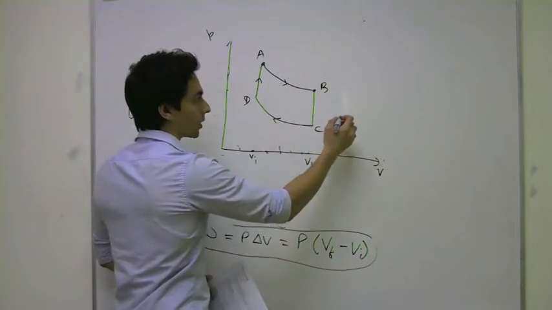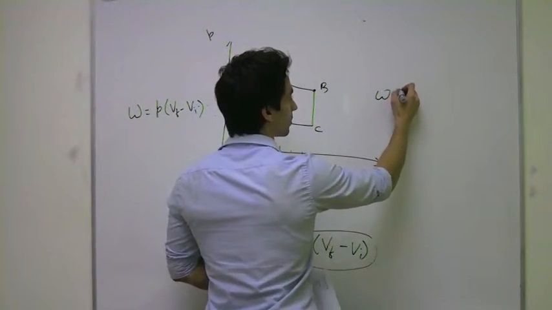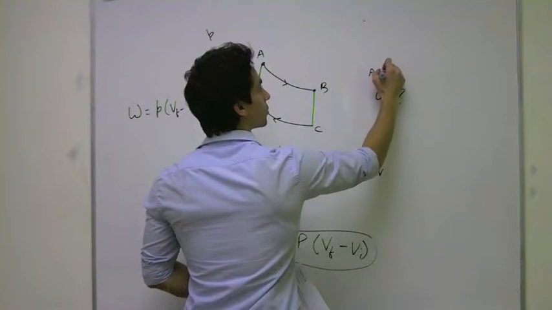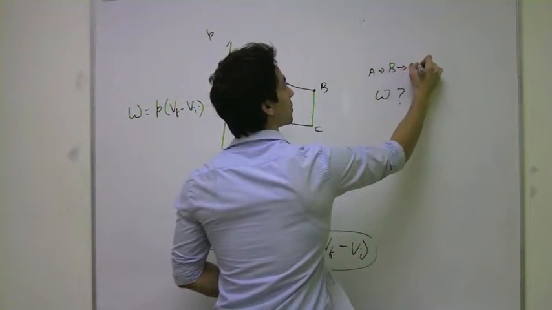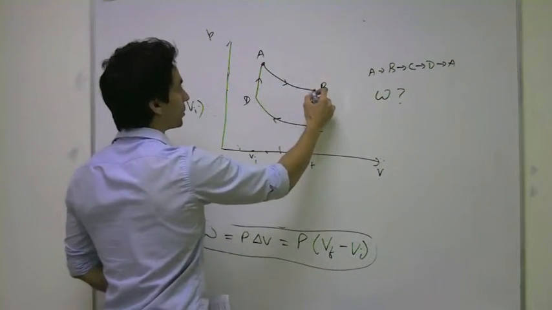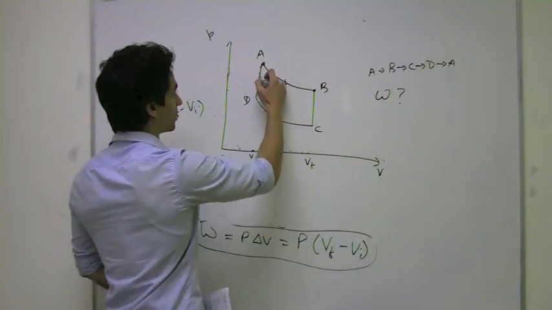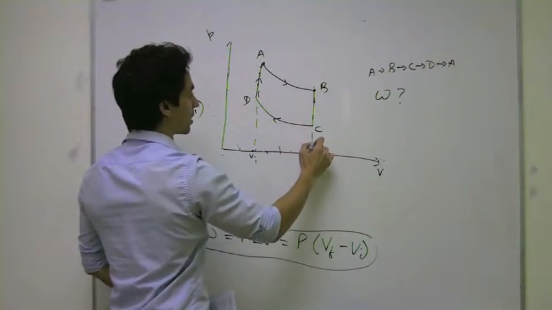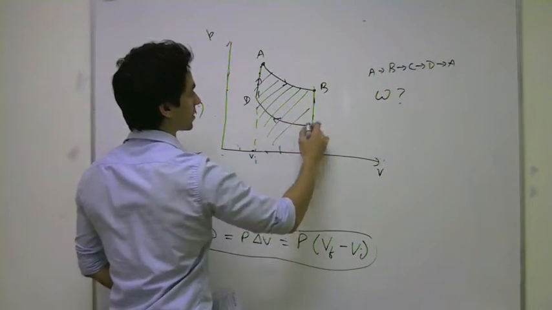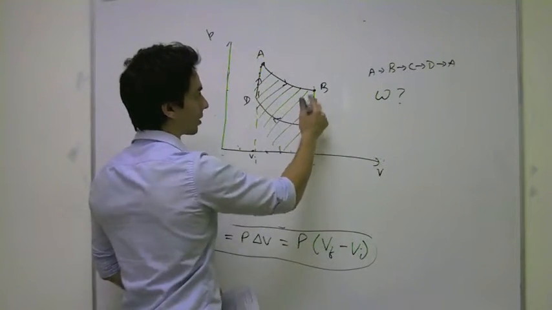For example, what is the total work done by the gas in this entire cycle from A to B to C to D to A? In going from A to B, you must recognize that the work done is the area under the graph. This is work done by the gas because it's expanding.